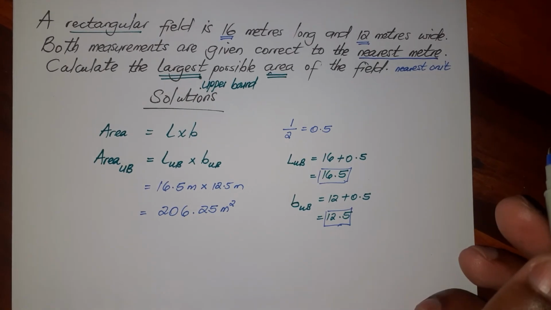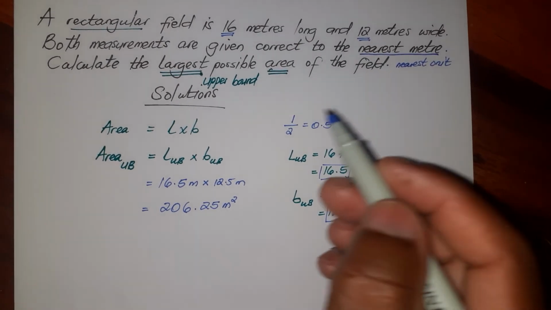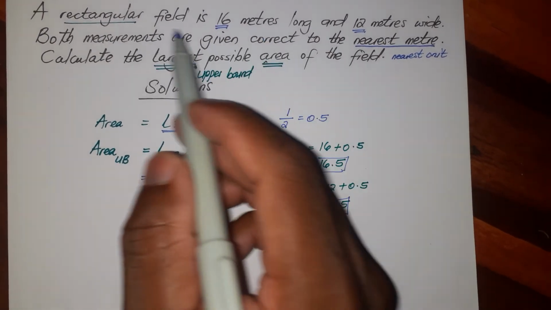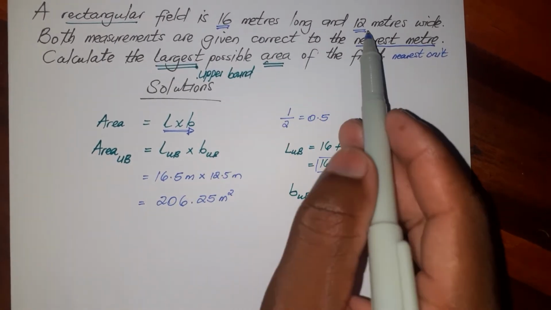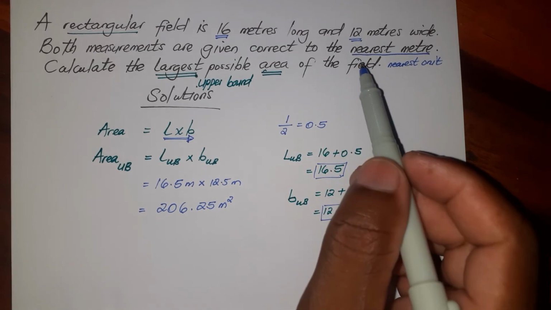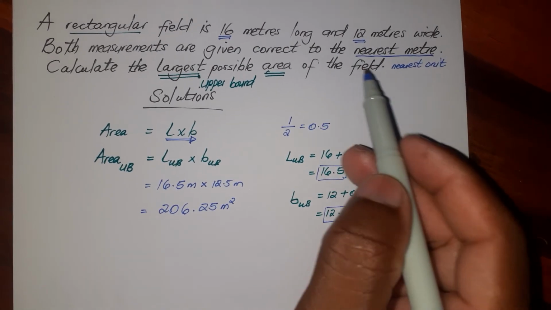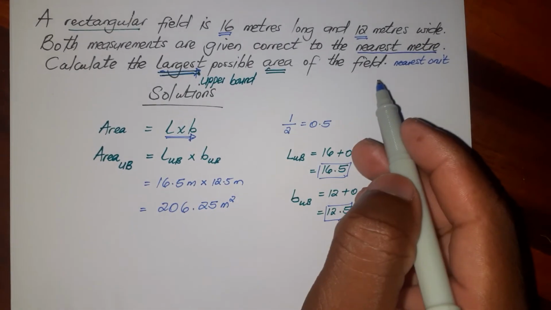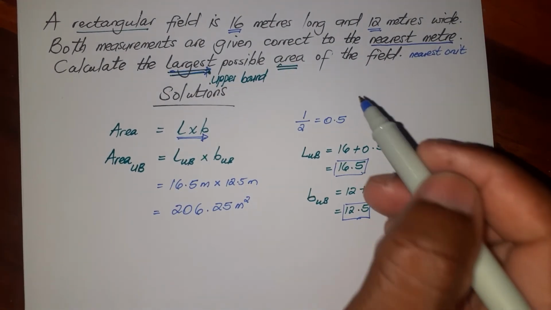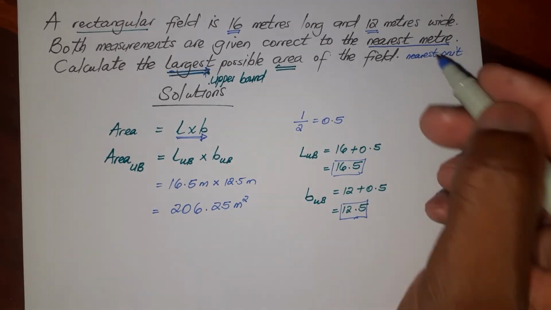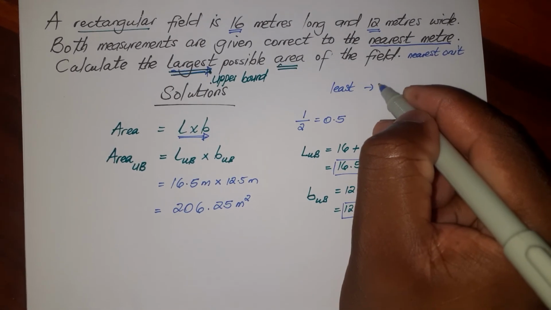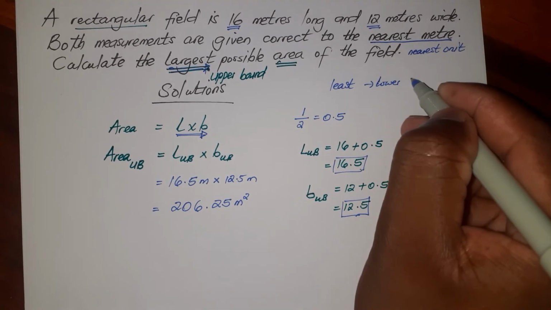Now keep in mind here that if you only use this formula and calculate the area of the rectangle using 16 and 12, the answer is not right. You always have to underline this word. Where it says largest, it's referring to the upper bound. When it says least, the least possible area, then it's referring to the lower bound.